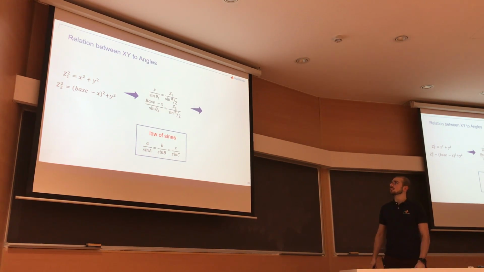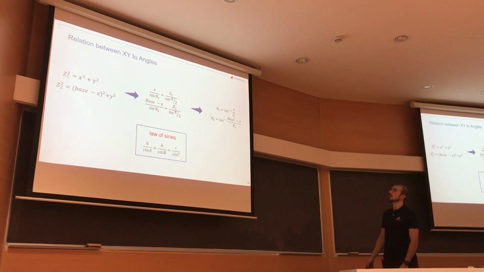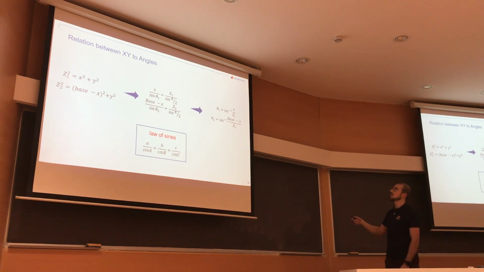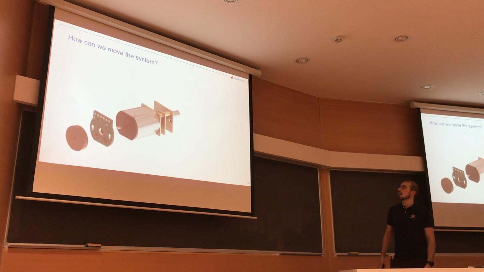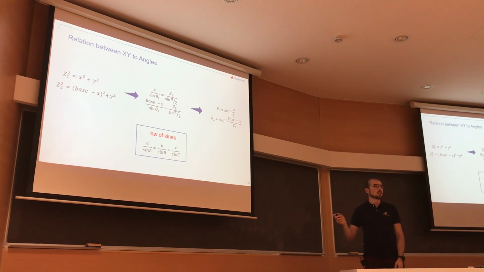And we can get this information: the two angles as a function of x and z1, and then base minus x and z2. So in practice, we have all the information. We now need to define our model in Simulink, but keep in mind that it's the next step.